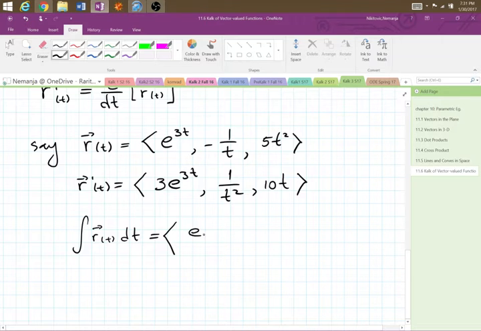One third, so e to the 3t over 3, good. Then, now we have negative ln of absolute t. And the last one? Very good. Oh, plus C's.